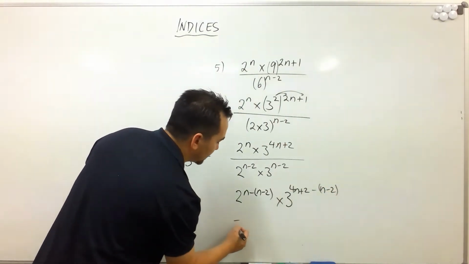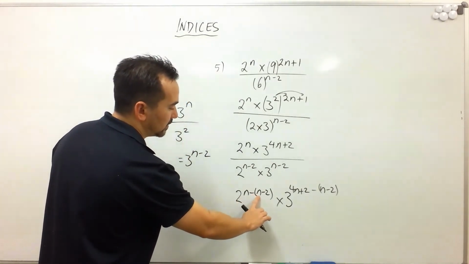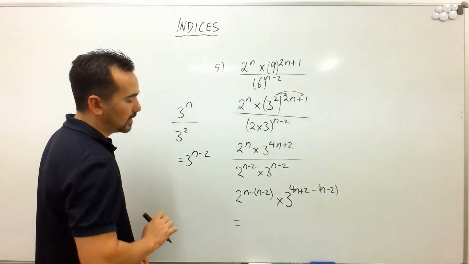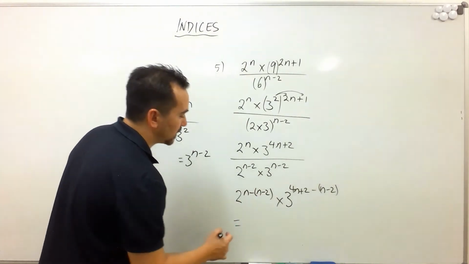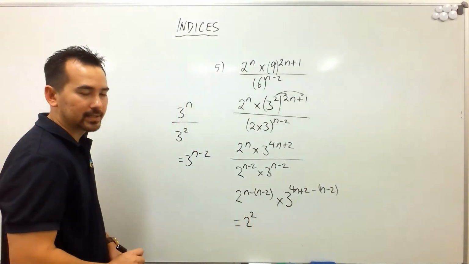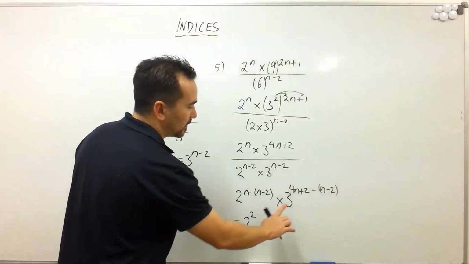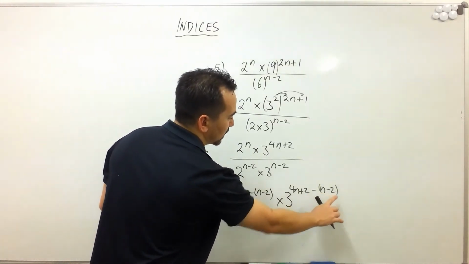Alright. Let's see if we can simplify this. N take away n will cancel, and a negative times a negative 2 becomes a positive 2, like so. Then I have 4n plus 2 take away n take away 2.